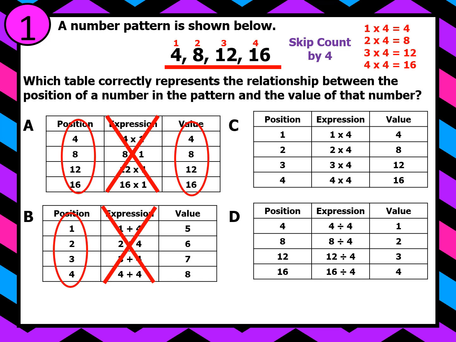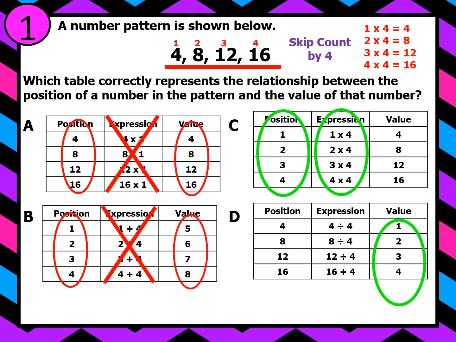Now I'm going to look at C. The position is correct, 1, 2, 3, 4. And the expression 1 times 4 is 4, 2 times 4 is 8, 3 times 4 is 12, 4 times 4 is 16. The expression and the value are also correct.